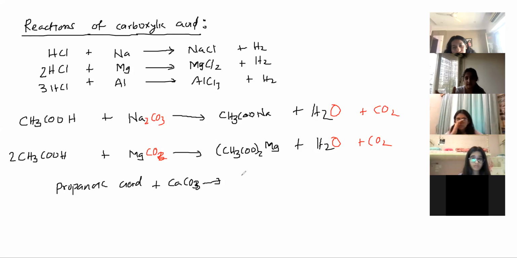Name of the salt, and what are the other products? There'll be water and carbon dioxide. I'm not sure about the name. I have spent 10 good minutes on the name. You're saying not sure about the name. I've gone very systematically.